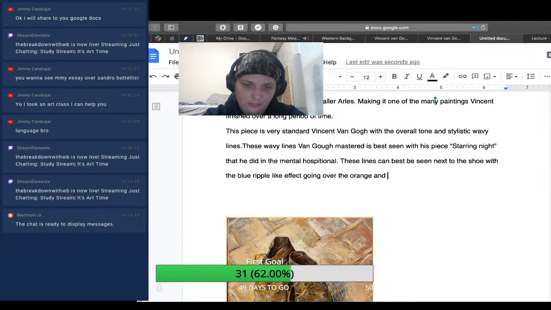Orange and brown. If I can spell tinted tile. Tile.